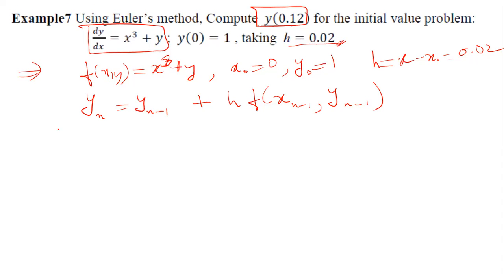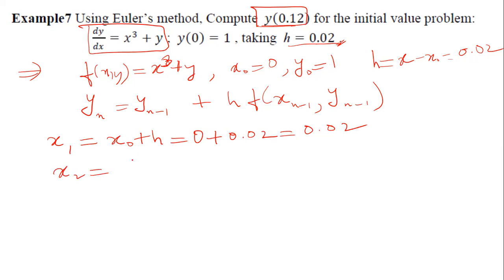Our x1 will be x naught plus h, so x naught is 0 plus h is 0.02. Our x2 will be x1 plus h, 0.02 plus 0.02, which is 0.04.